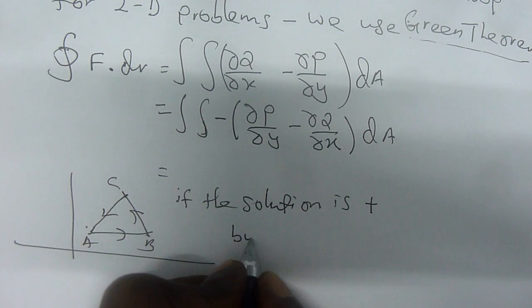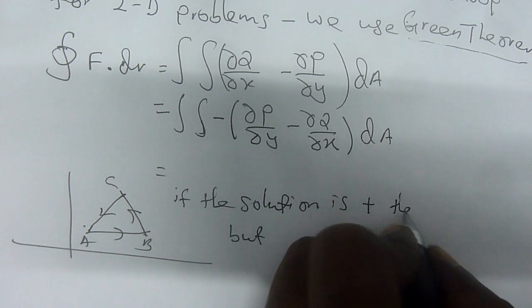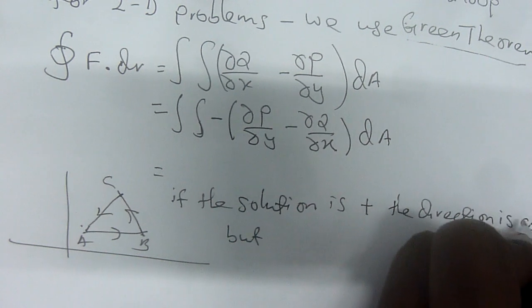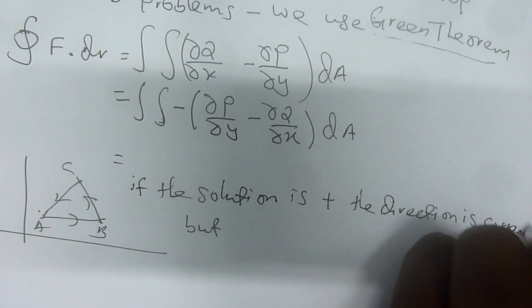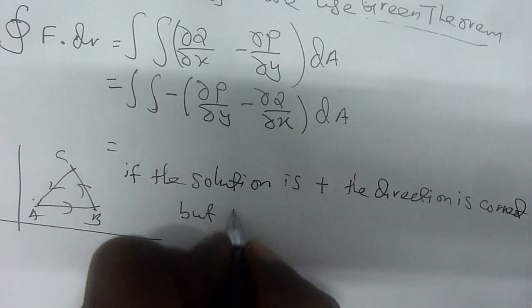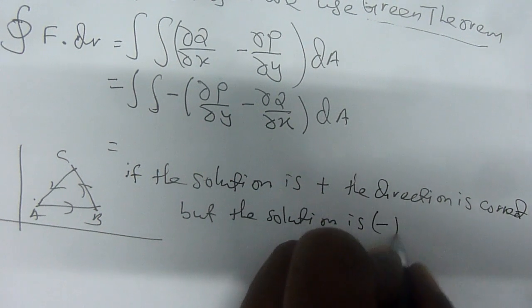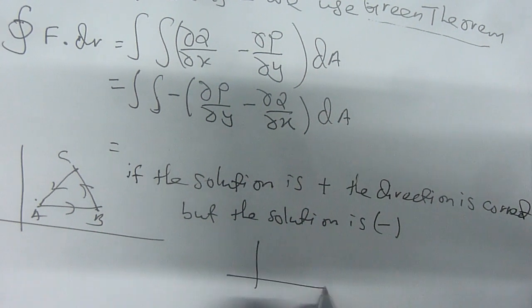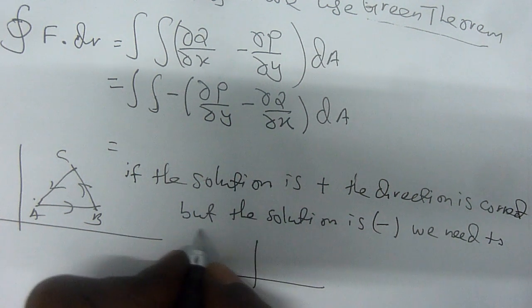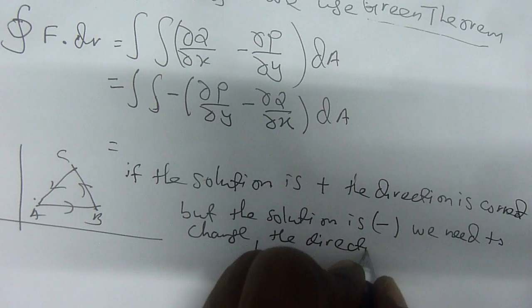The direction is correct. But if the solution is negative, then you need to change the direction of the loop.